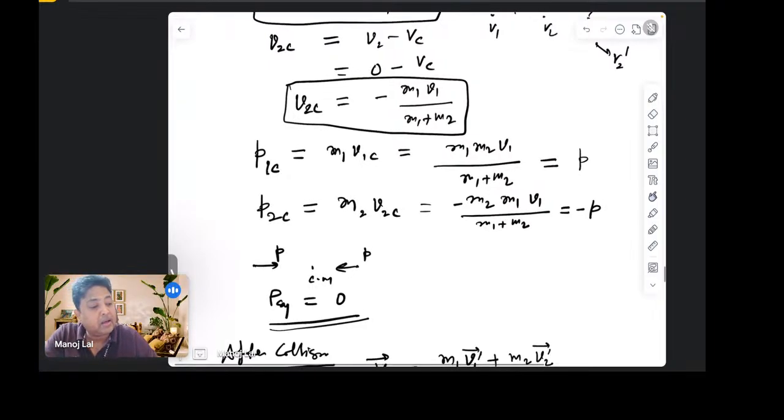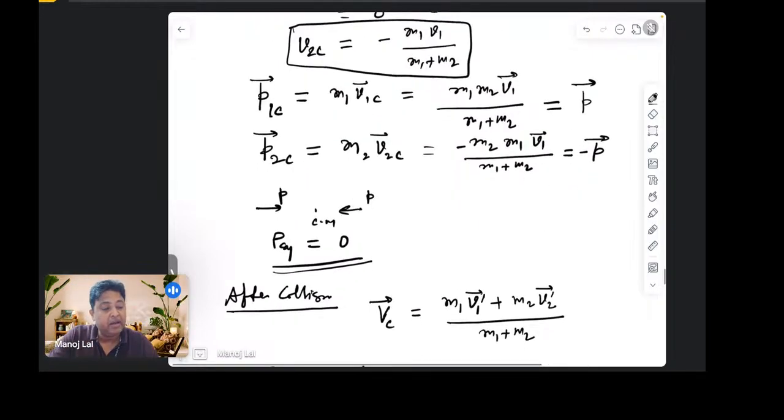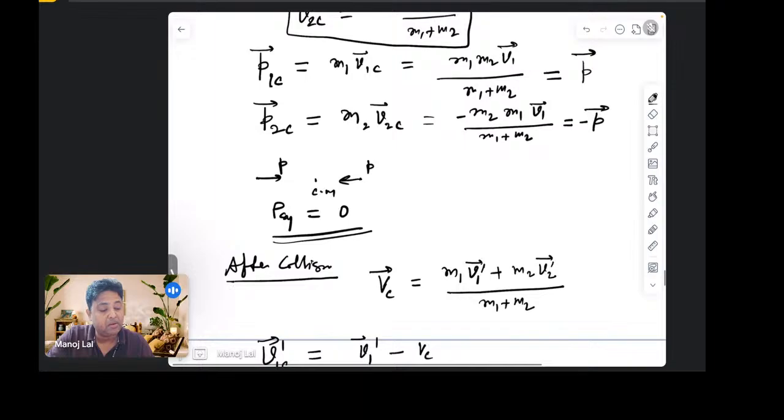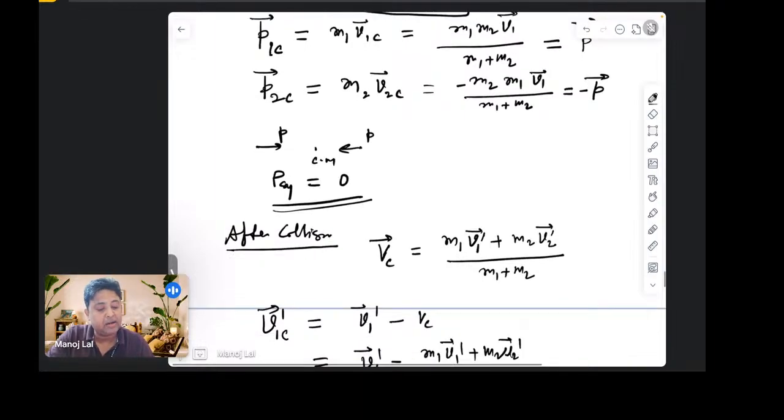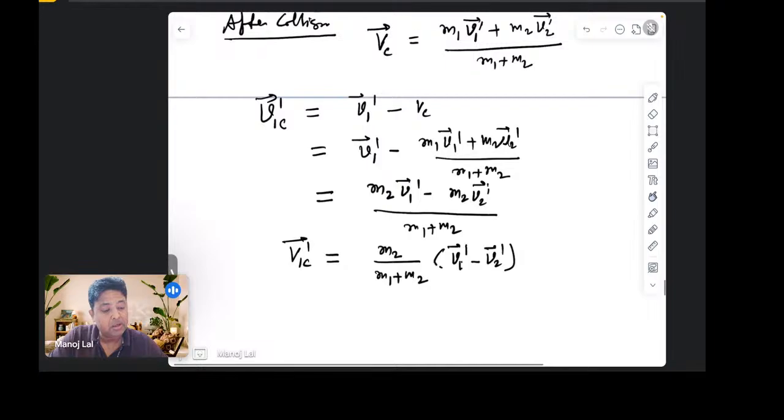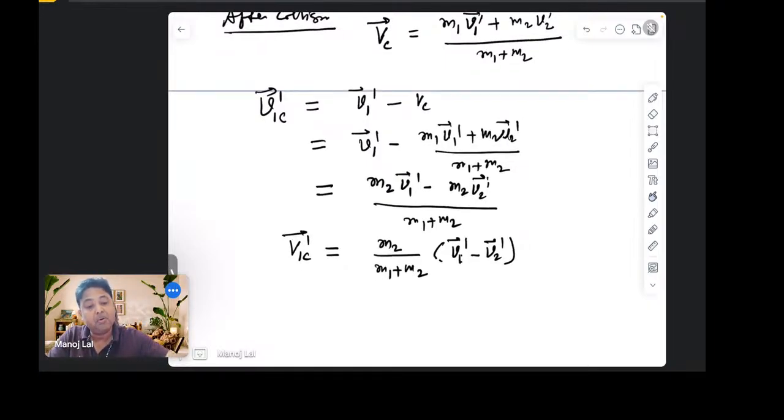If I say carefully, then this could be V1 and this is P. Then P2C is minus P. Right? And if I write the vector form, yes or no? Initially it is in one direction, so I wrote it like this, but it's fine. So now you can understand the velocity after collision.